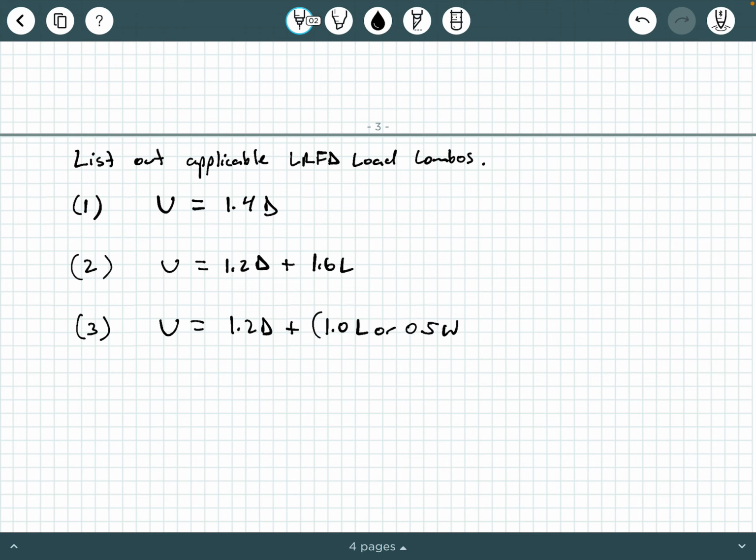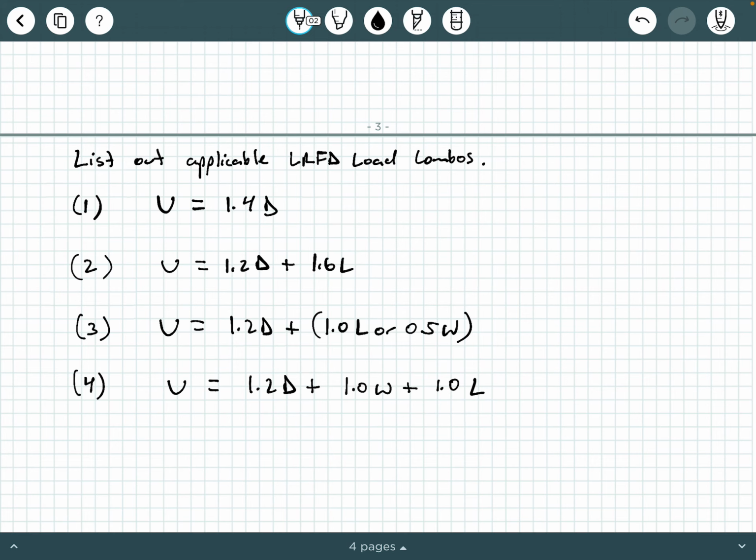So we'll bundle those up together. And then load combination 4 we may need to investigate is going to be U equals 1.2 dead plus 1.0 wind plus 1.0 live.